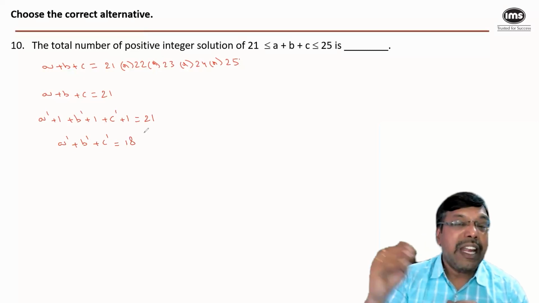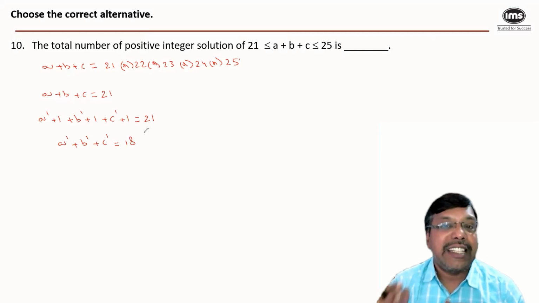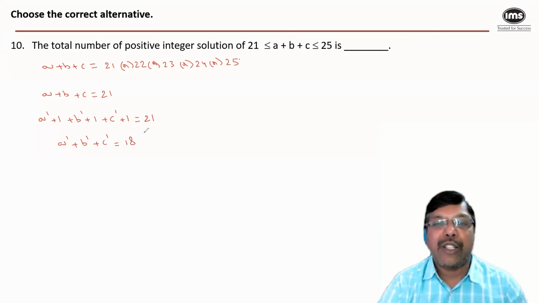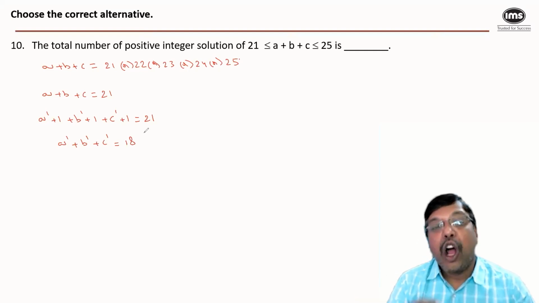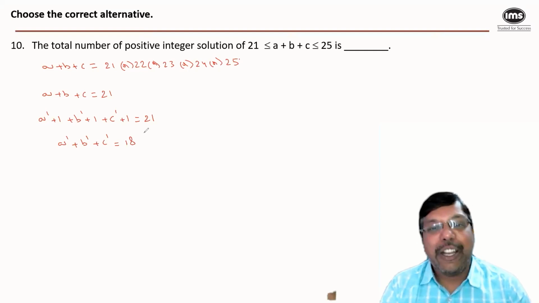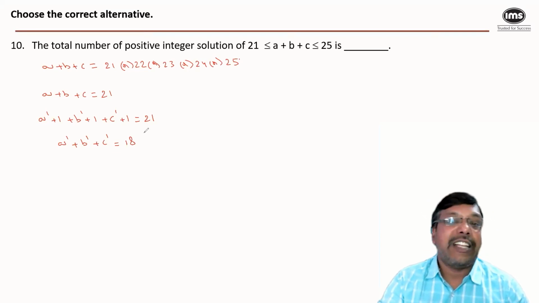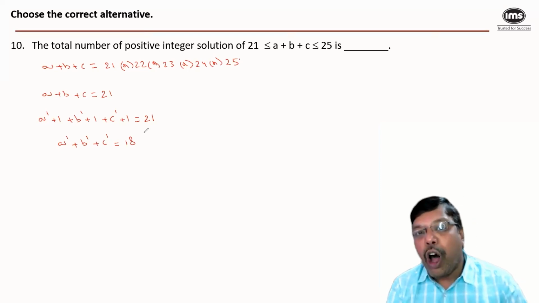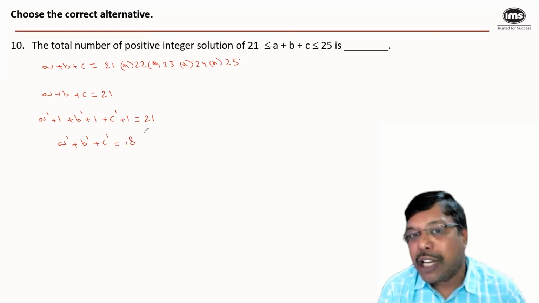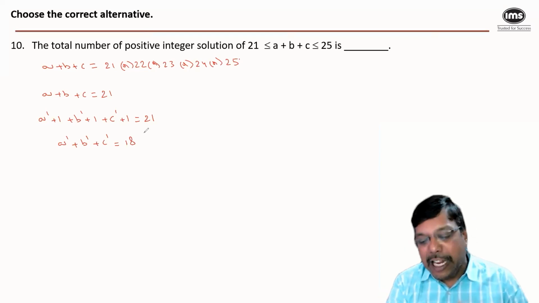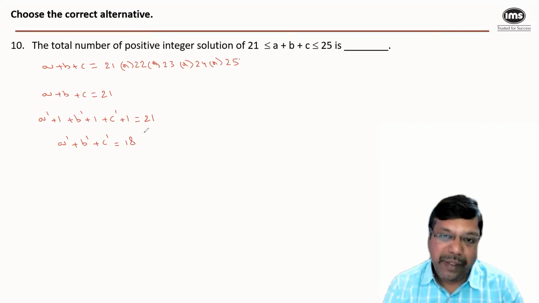Now, since a, b, and c already have a minimum of 1, a', b', and c' can take 0 as well, which means it is one of those standard cases of finding the non-negative integer solutions for a' + b' + c' = 18. Or you can also talk about it from the theory of distribution as the number of ways in which we can divide 18 into 3 parts, right?